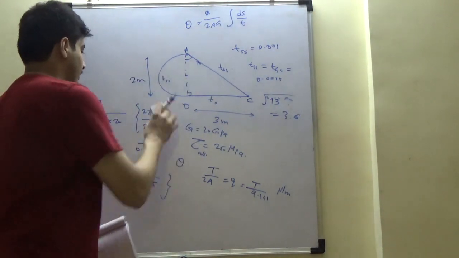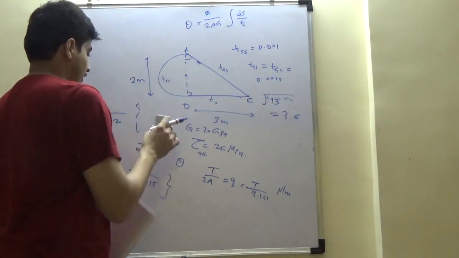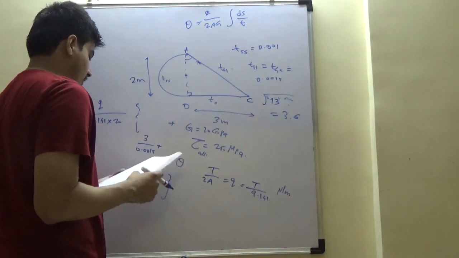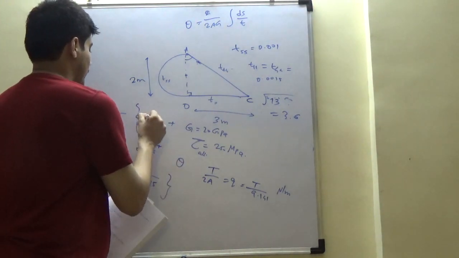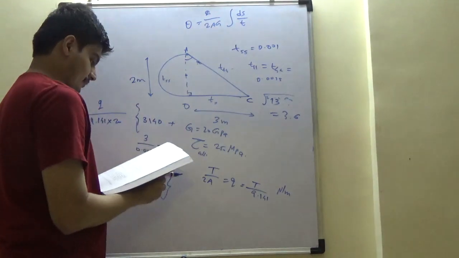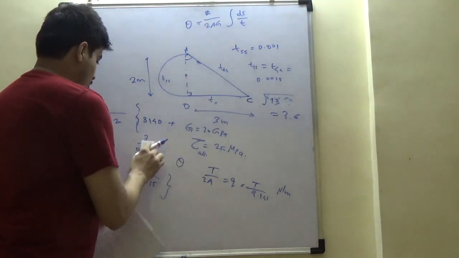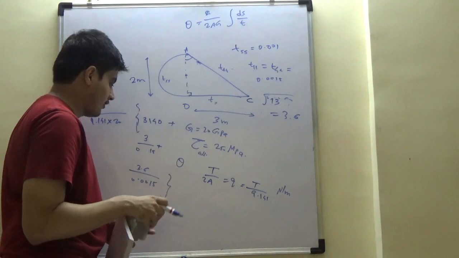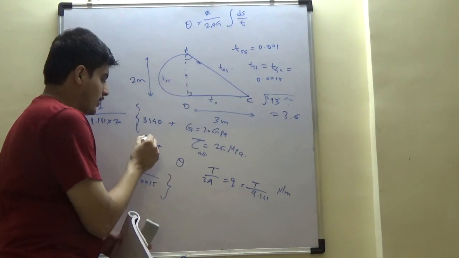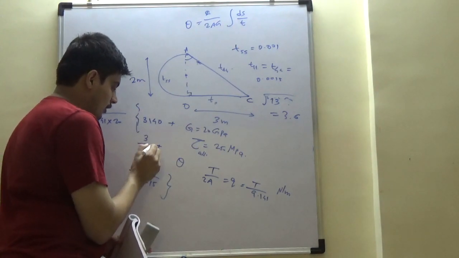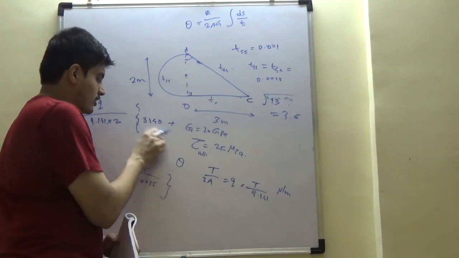If I quickly look at this, 2 is going to go out and this is becoming 1000 pi, because 1/0.001 is 1000 pi, 3140. This is going to be 0.015 into 30, so 0.15 into 300, 1.5 into 3000, 15 into 30,000, so this is 2000.